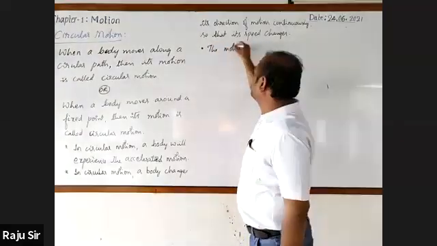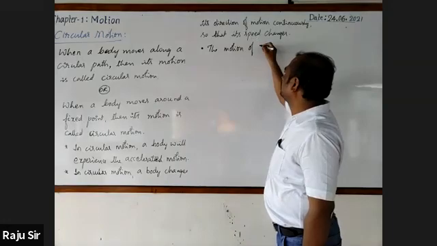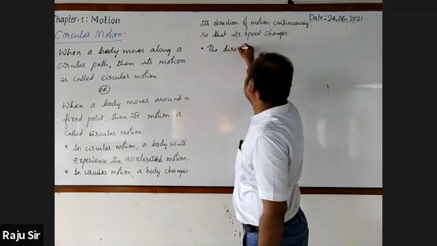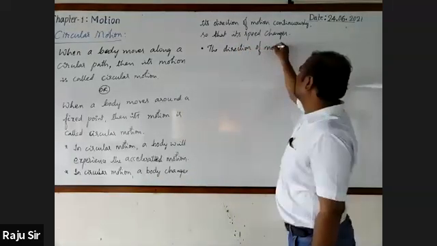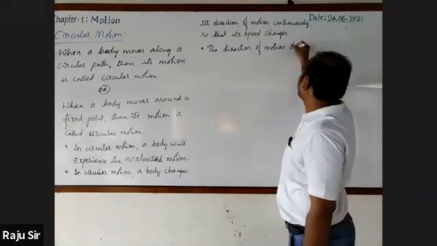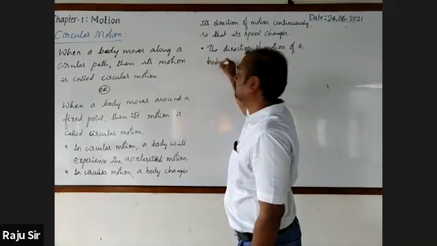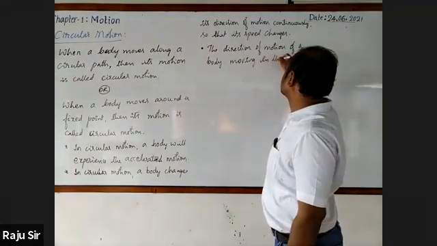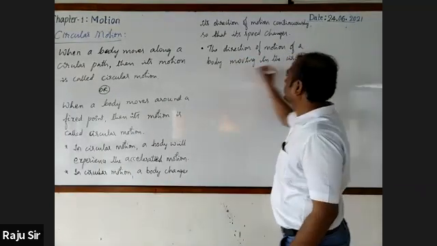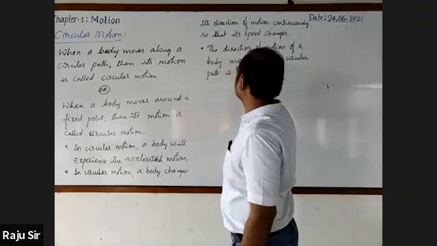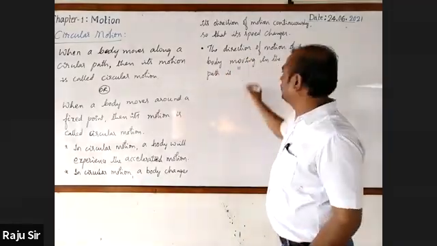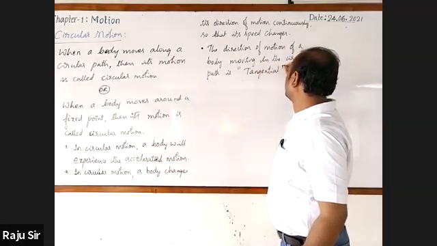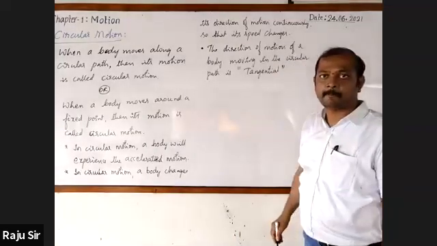Next point: the direction of motion of a body moving in the circular path is, in inverted commas, tangential.